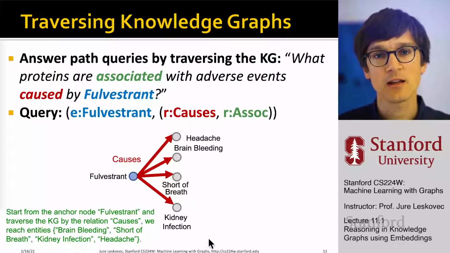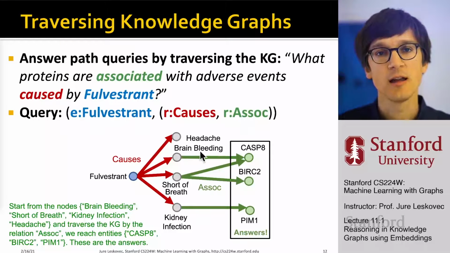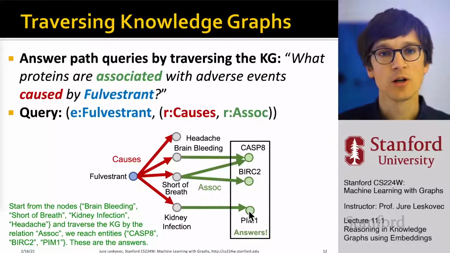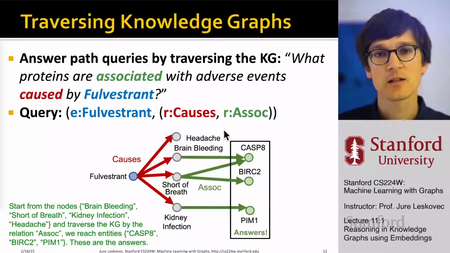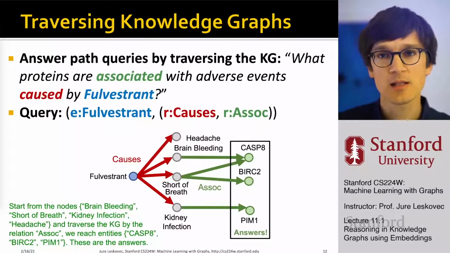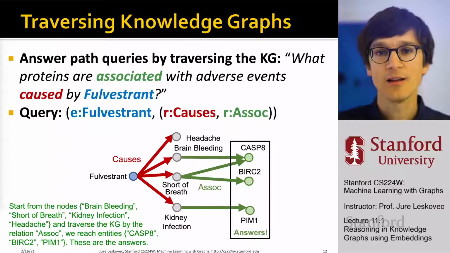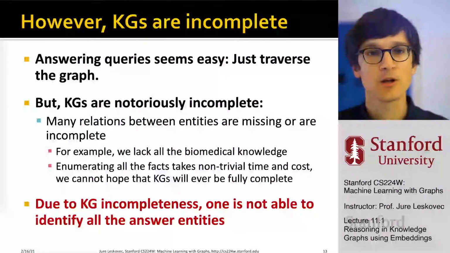Now that I have this set of entities, I need to traverse from them according to the associated relation. I traverse the edges, and whatever proteins I end up with, those are the answers to my query about what proteins are associated with adverse events caused by the drug fulvestrant. So that's how I can formulate and answer path-based queries directly on the knowledge graph, assuming the knowledge graph contains all the information.